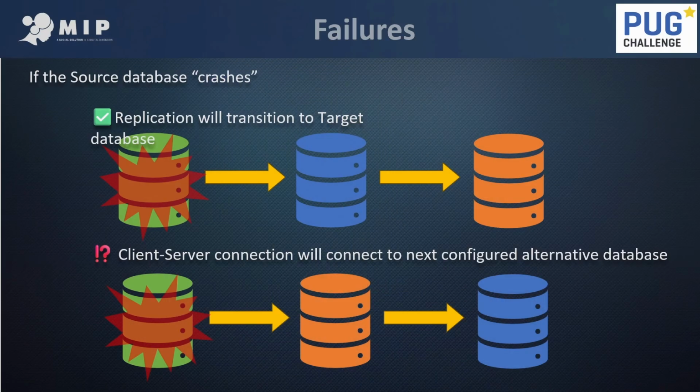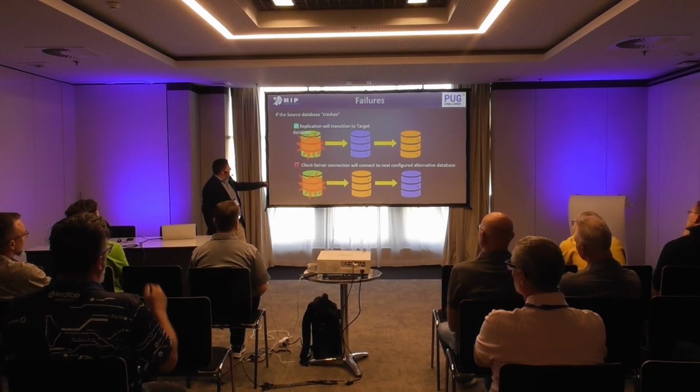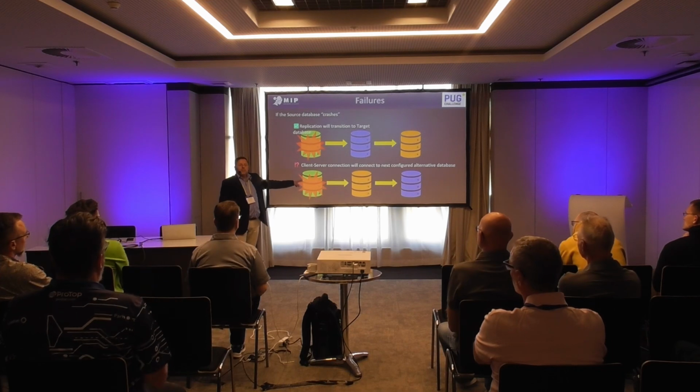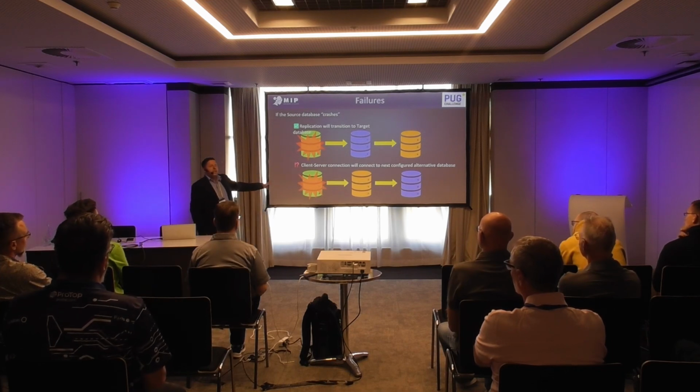Okay. So when you start getting replication sets, and that's why it says, when you configure it, as you can see here, if my replication crashes, I can move over to my next database. But if I went and configured my alternative DB connections in a different sequence, you can be connecting to a different database.